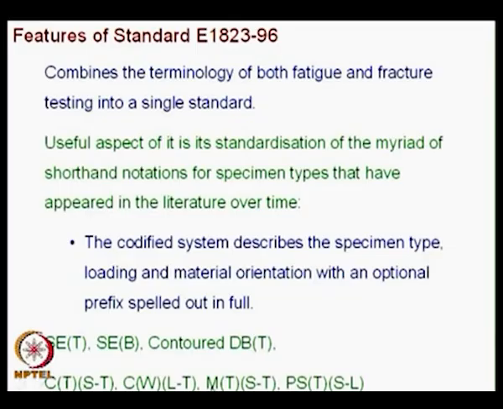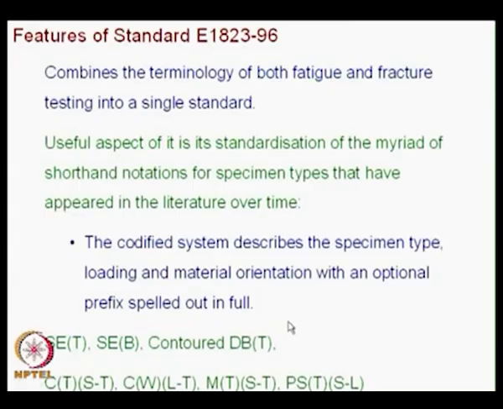This is a middle crack, that means the CCT specimen, they have denoted this as M(T), the middle cracked specimen subjected to tension, and this is the part-through surface crack PS(T) S hyphen L. I am sorry, here C(W) is the compact tension specimen subjected to wedge loading. T denotes tensile loading, B denotes bending load, W denotes wedge loading, and M denotes the middle crack, that is the center crack specimen, and PS denotes the part-through surface crack.